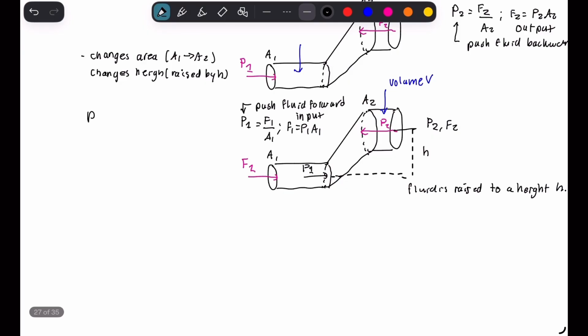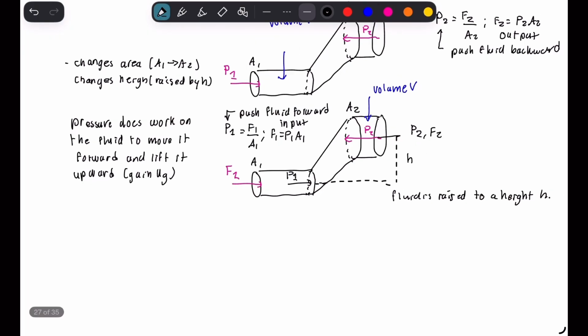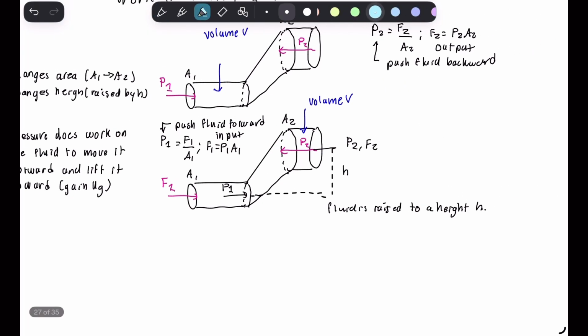So what we see is that pressure does work on the fluid to move it forward and lift it upward, which is a gain in gravitational potential energy. We can highlight this by looking at the volume. So this is volume V, and then up here, we're here.